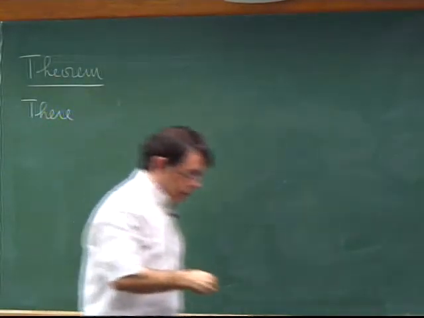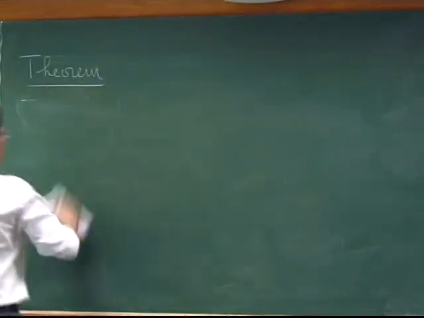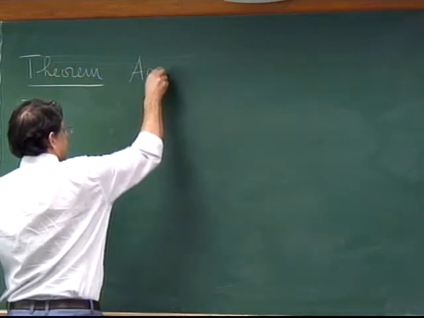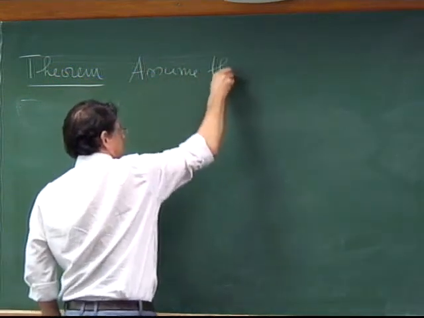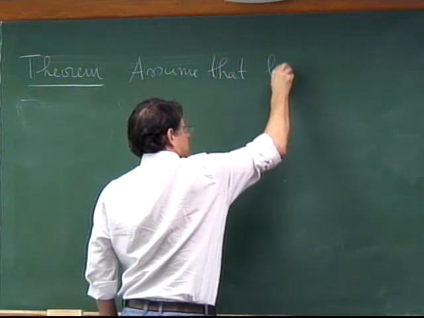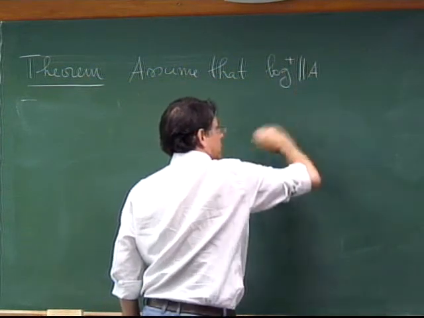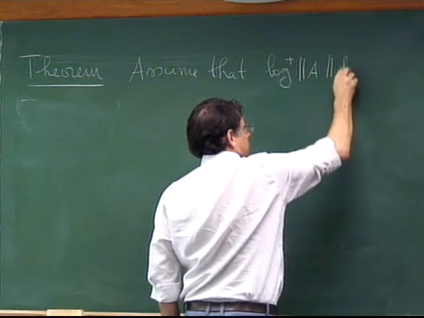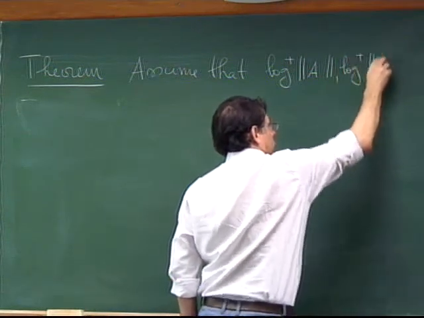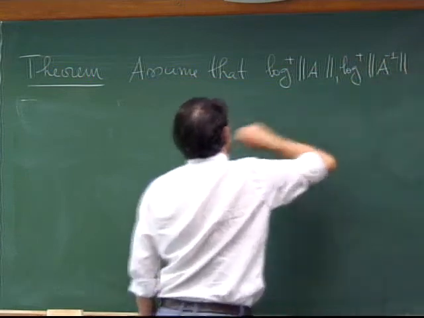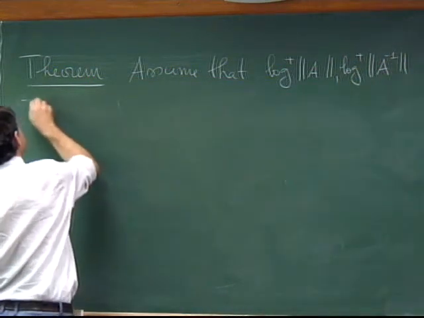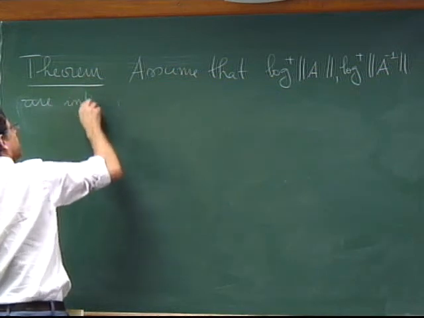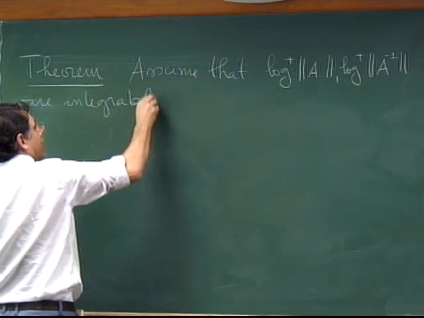So the multiplicative ergodic theorem says the following. Let me state it exactly the way it is in the book. Assume that the positive part of the log of the norm of A and the positive part of the log of the norm of A inverse are integrable with respect to mu.